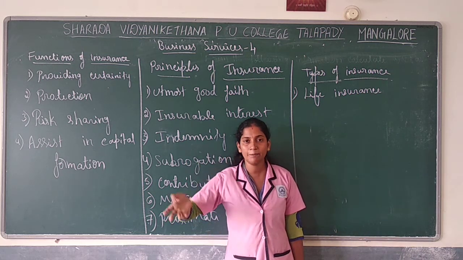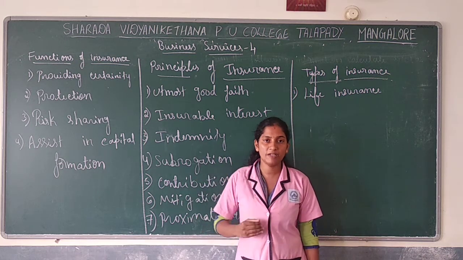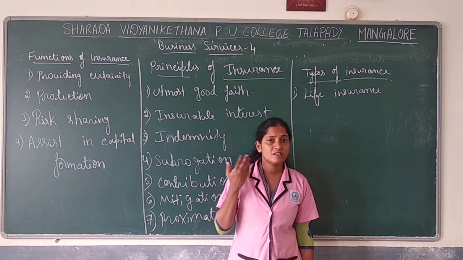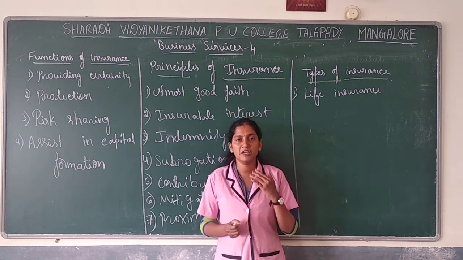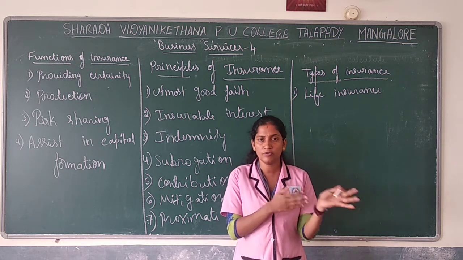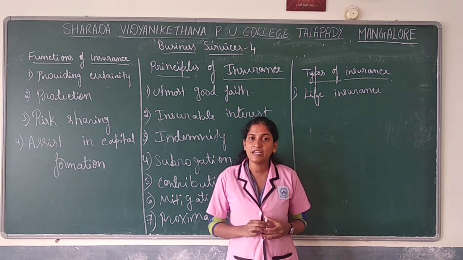So when we keep money in the form of premium, if anything happens to a member of the family, like the one who is earning, correct? See, if a family has 3 members, the elder person goes for work. Only he is the breadwinner of the family. During that time, what will happen?